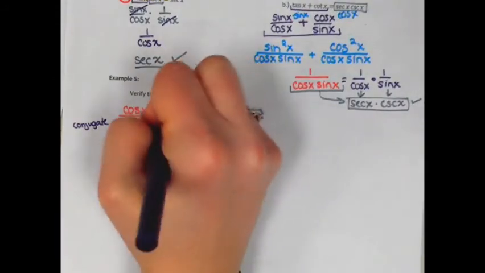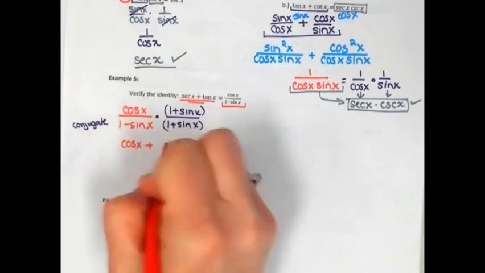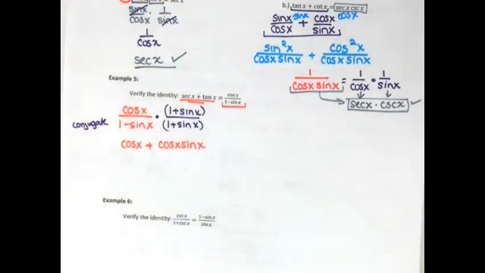Now, looking at my numerator, cosine times 1 plus sine x. Isn't that the same thing as cosine x plus cosine x sine x? Is that the same? Yeah.